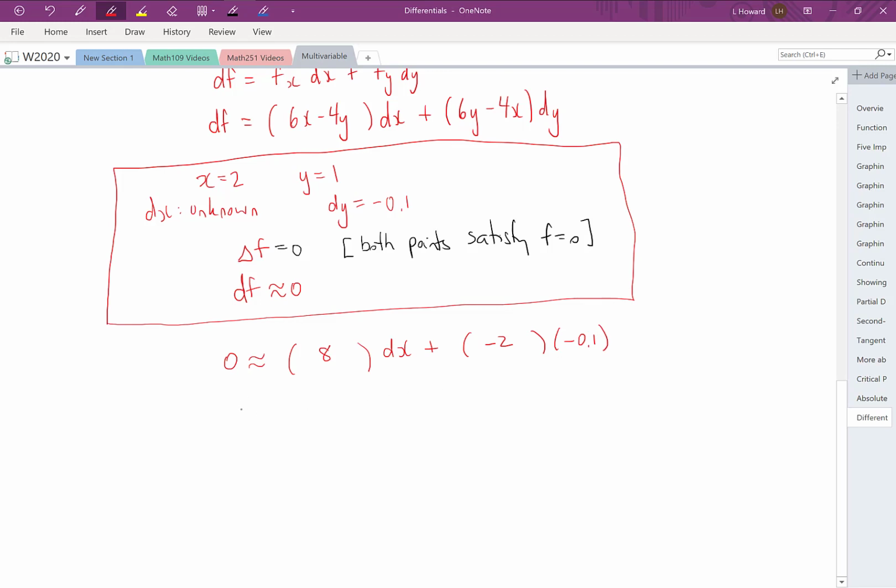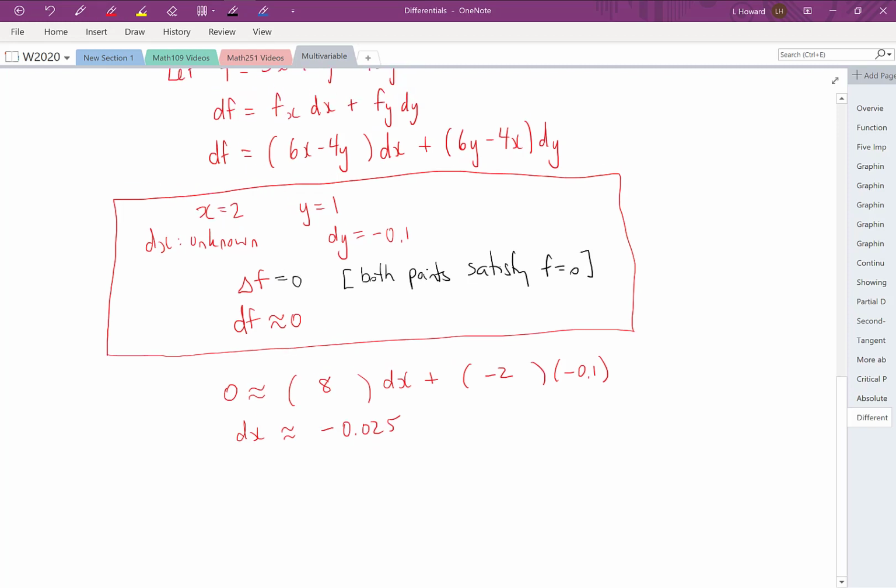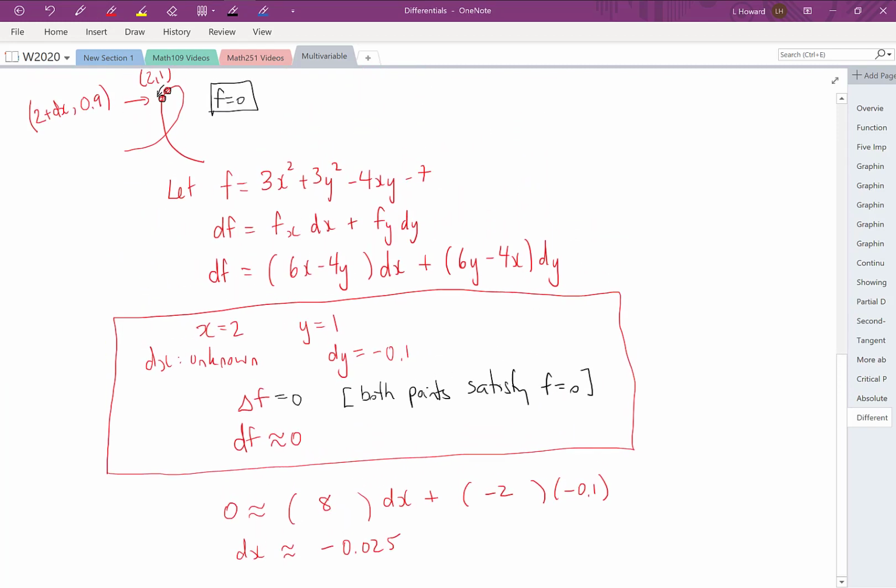Okay, so with a little bit of rearranging here, we can figure out that dx then is going to be approximately equal to negative 0.025. And if we look back at our drawing from the beginning of the problem, we said that the coordinates of this point that we're looking for, the x coordinate, let's just highlight it there, is going to be 2 plus dx.